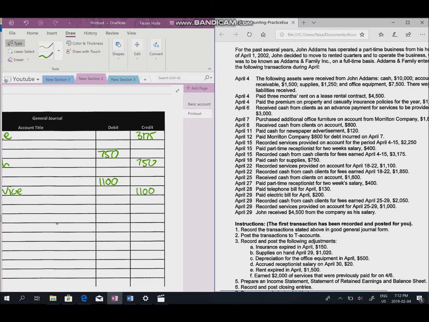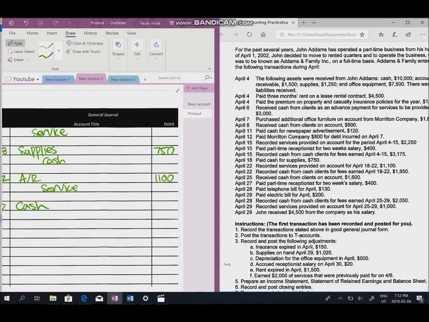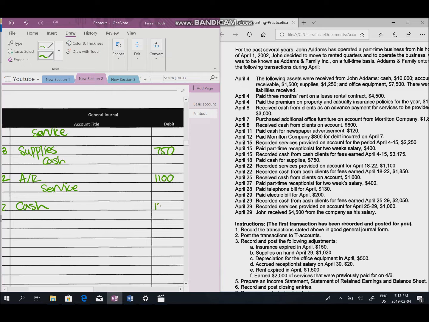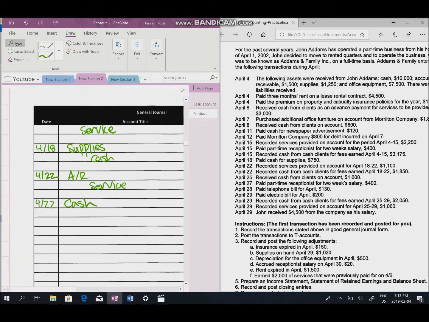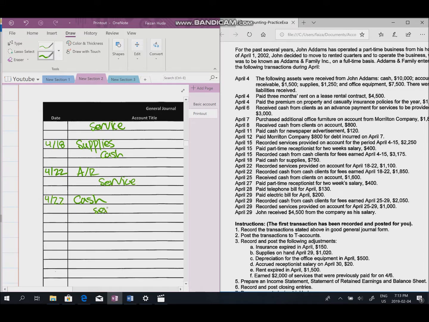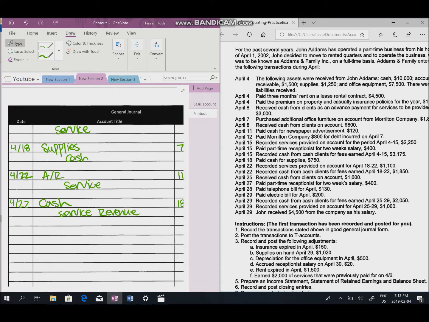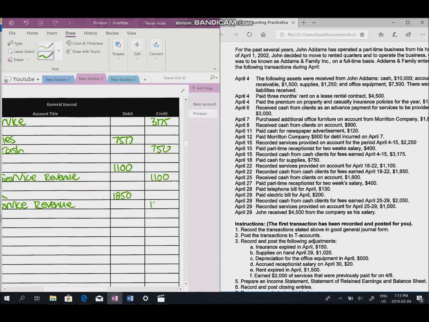So cash from cash clients, fees earned, would be 1,850. And this would also be service revenue, by the way. The keyword here that tells me this is service revenue is fees earned. Anytime it's fees earned, you'll just assume it's service revenue. 1,850.